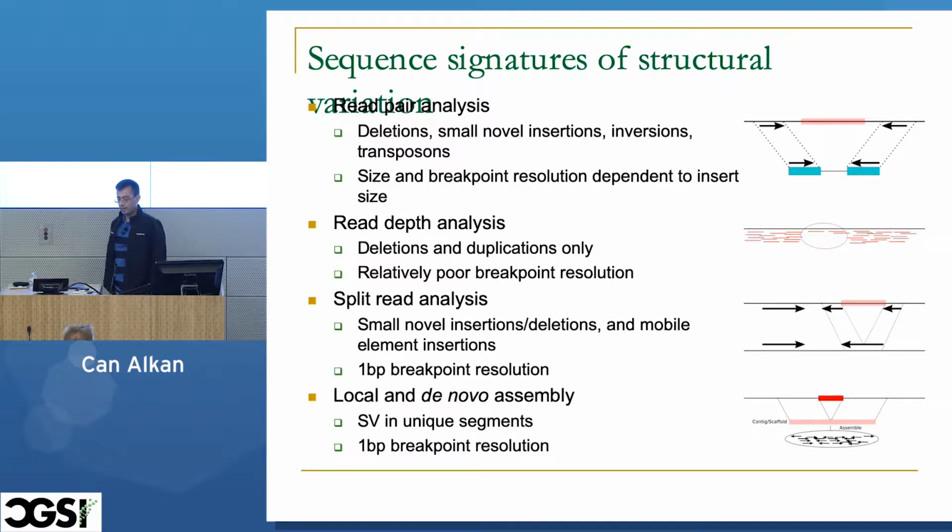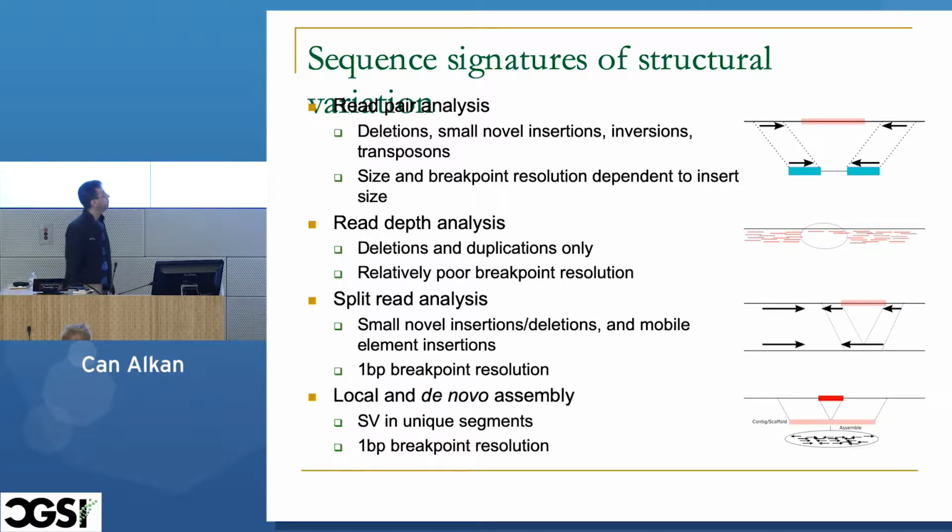So how can you find structural variation using sequencing data? Makhshat already went through this, but we basically have 4 different sequence signatures of structural variation. We can use the read pair analysis when we have paired-end data.